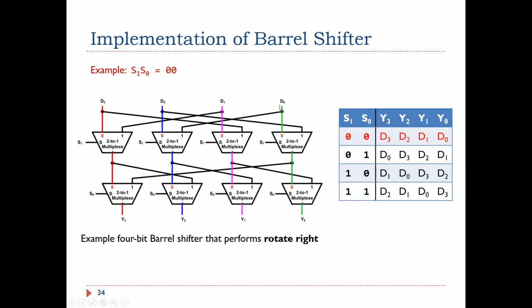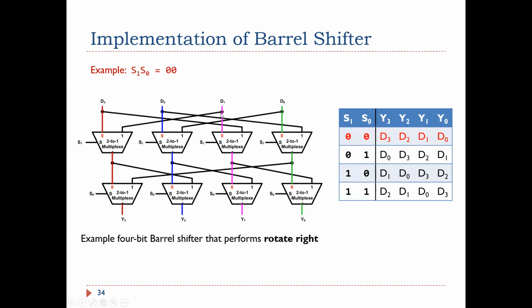Here, if it is 0, we are going to select input number 0, so D0 will come here as an output. And here also we are going to select the 0 input, because S0 is 0, so the output will be D0.